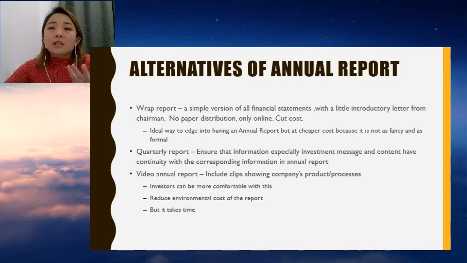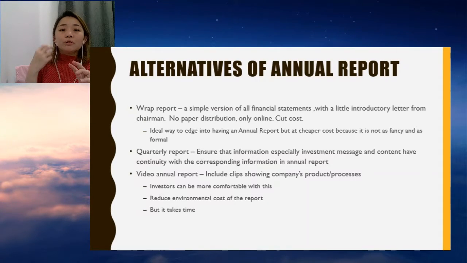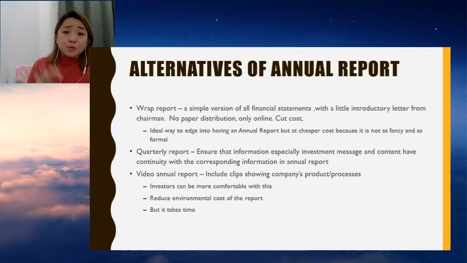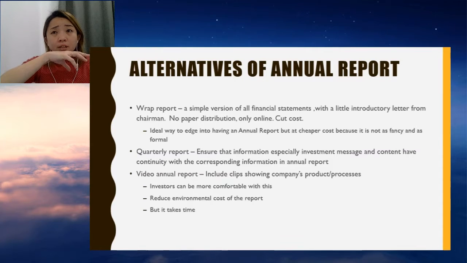Another alternative to the annual report is a video annual report. It's simpler, but it always involves clips of the production or the processes of the company. That means what exactly are you producing? Probably some shots of the factory, how it's going, how they process certain things, basically the details of the things that you have done.